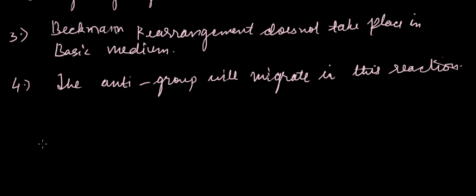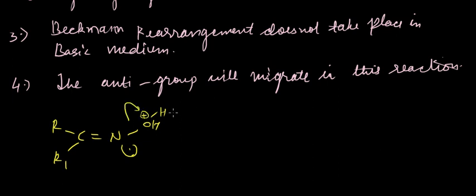Suppose we had something like this, and OH was moving as a water molecule, and this was the anti-orbital for the OH attached. This was the bonding orbital between N and O, and this is the anti-bonding. Hence, the group which is anti to the leaving group would be migrating, and as a result, retention of the configuration will also take place.